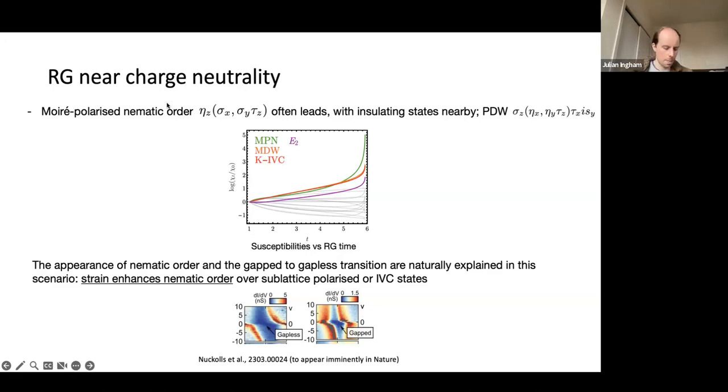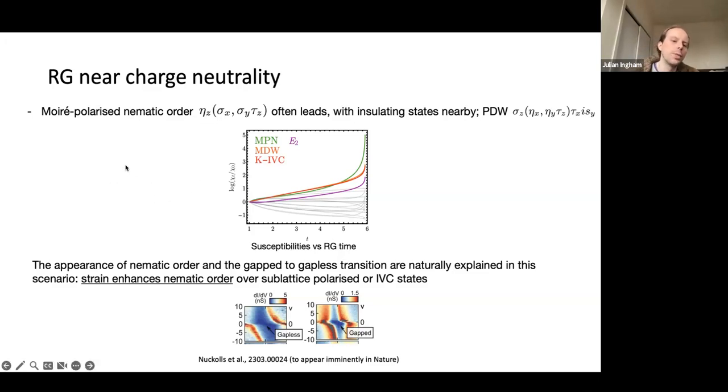So doping away from charge neutrality, we get E2 superconductivity, and at charge neutrality, we have closely contending nematic order and KIVC.